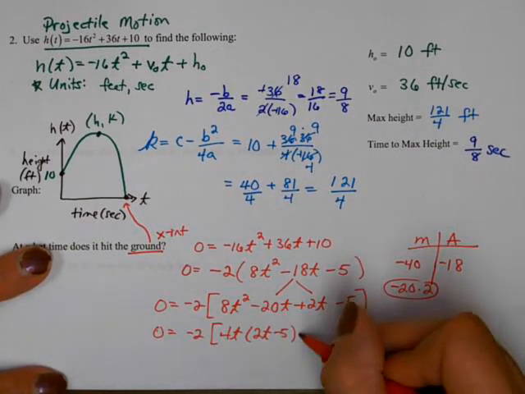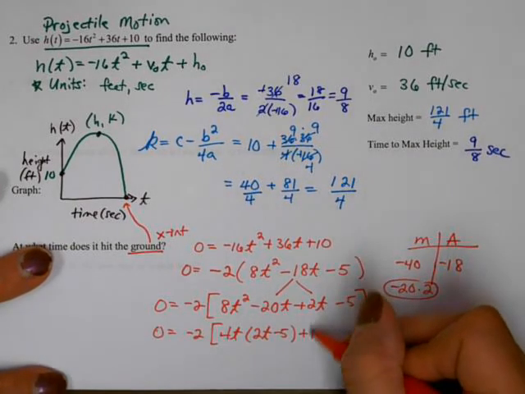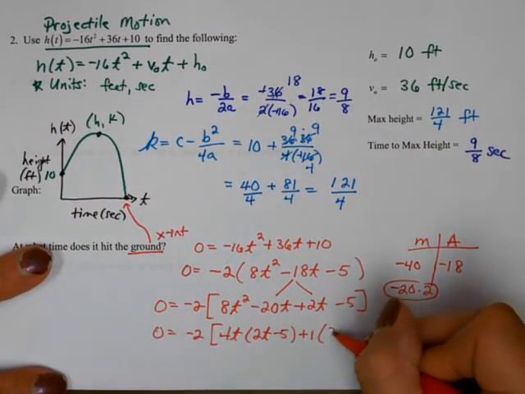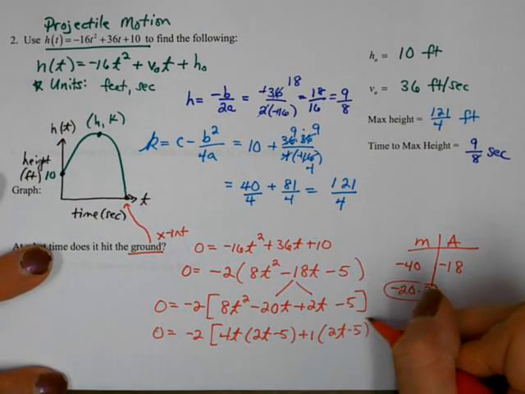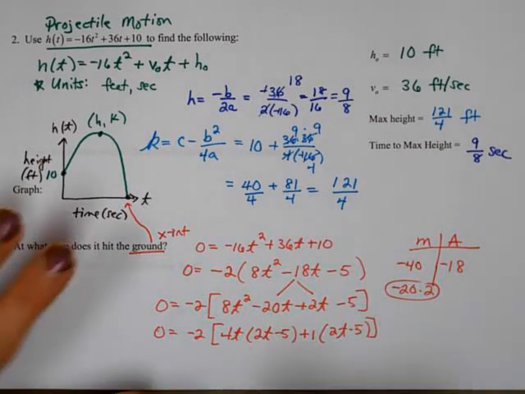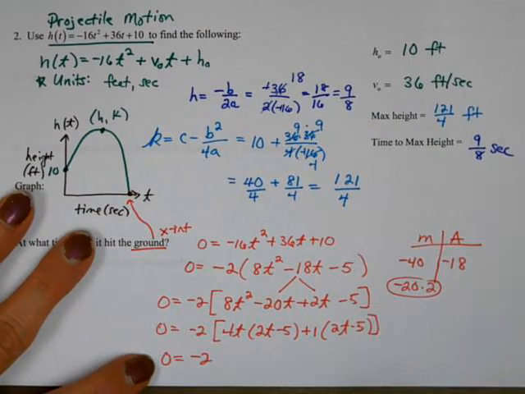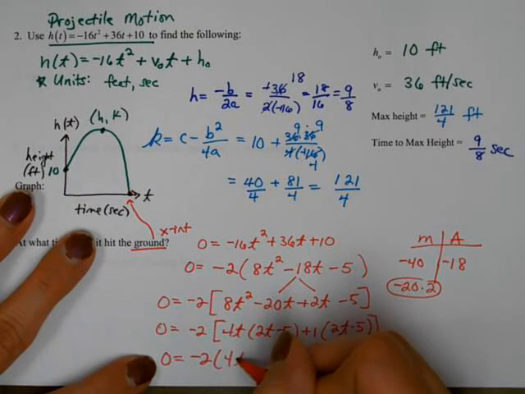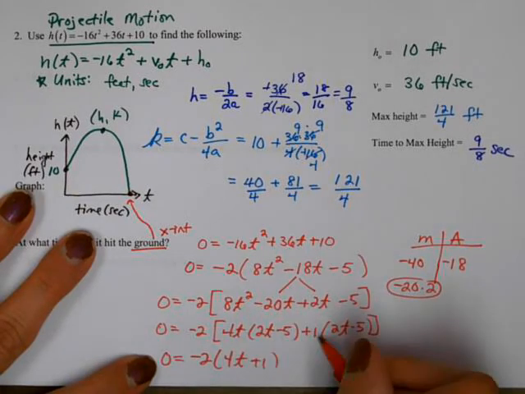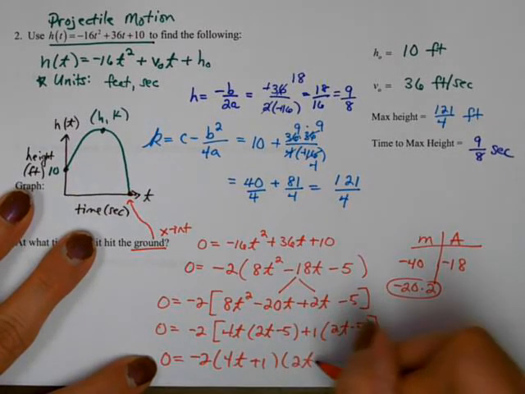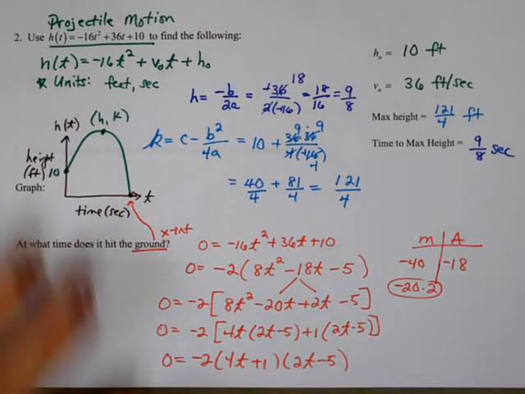If I factor out a plus 1, that would give me a matching 2t minus 5. So in factored form, the negative 2 is just hanging outside, 4t plus 1 are the leftovers, and 2t minus 5 are the insides.